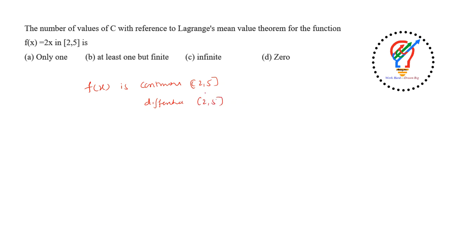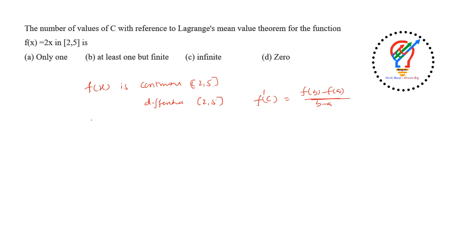Then there exists a value c such that f dash of c is equal to f of b minus f of a divided by b minus a.